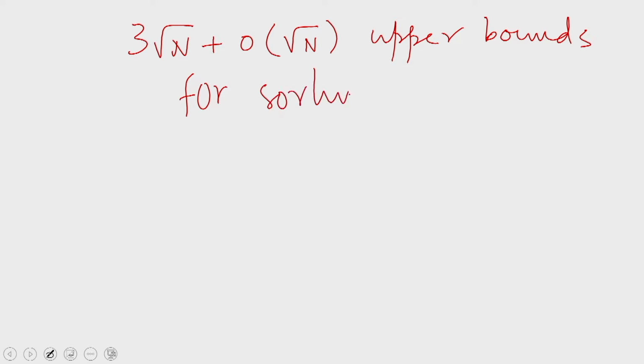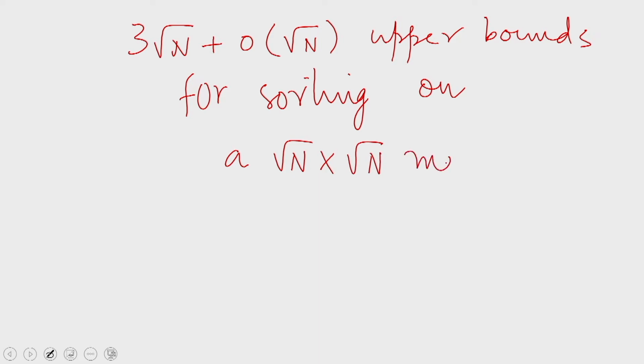For sorting on a root n by root n mesh. So we assume that we have a root n by root n mesh.